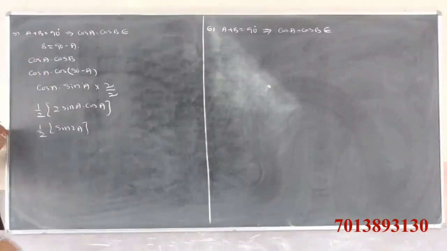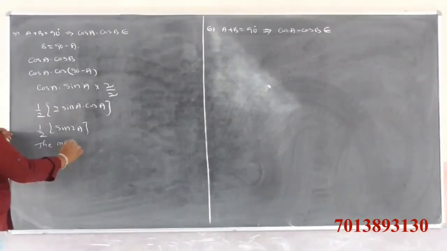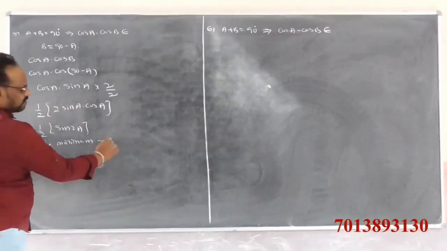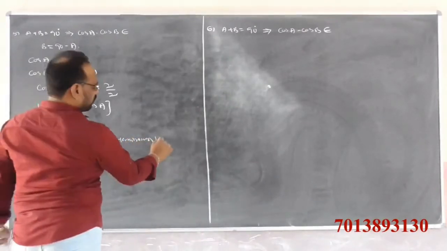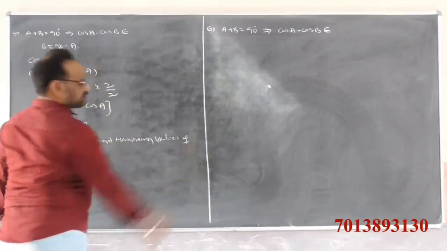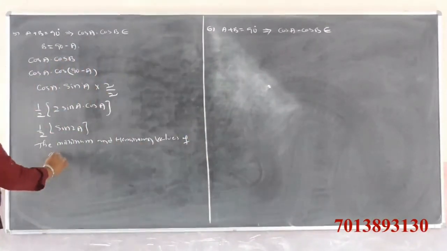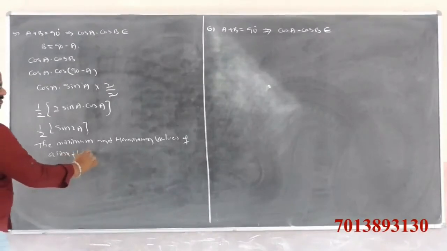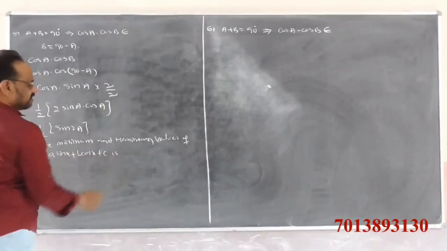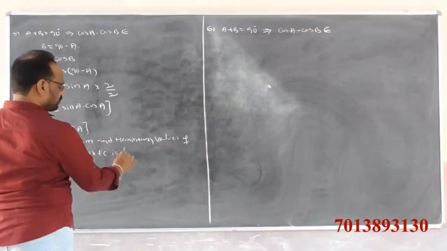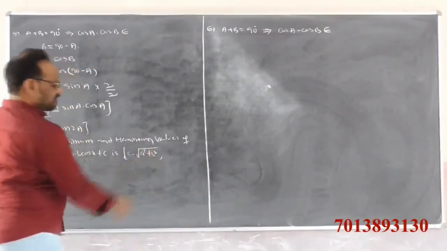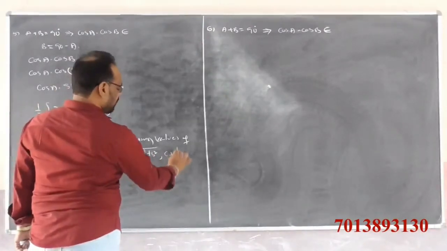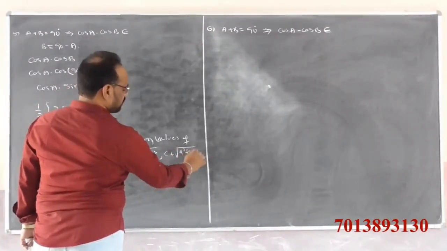Already we know the formula: the minimum and maximum values of A sin x plus B cos x plus C lie in the closed interval C minus square root of A square plus B square, comma, C plus square root of A square plus B square.